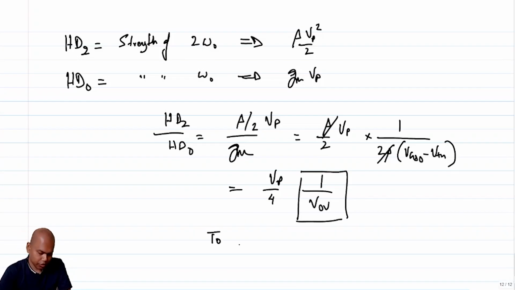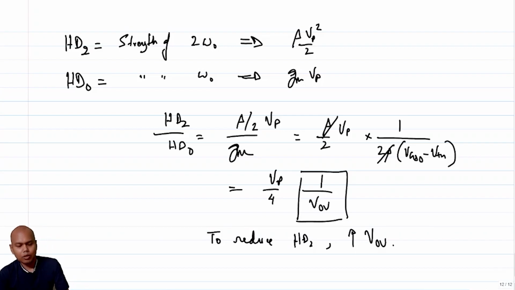So to reduce HD2, increase the overdrive voltage. Increasing the overdrive is equivalent to biasing your transistor at a higher and higher omega t.